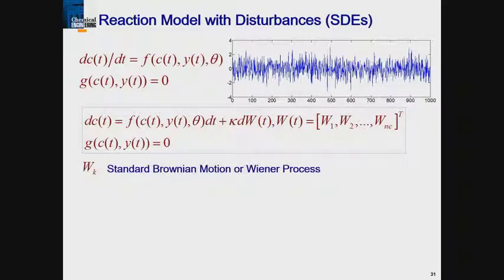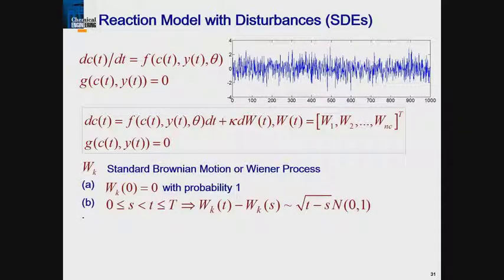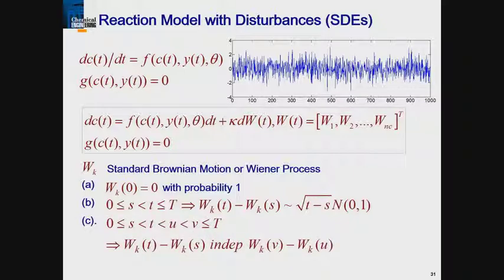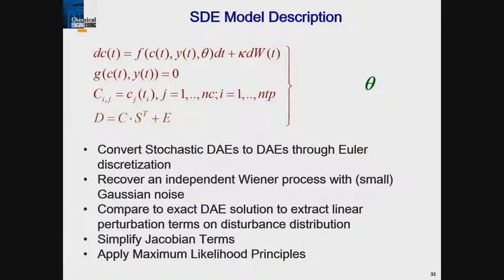The model itself, you can think of as the reactor model with a Wiener process, okay, or Brownian motion, okay? And so it's really a stochastic differential equation, okay? Now, if you assume certain characteristics about the Brownian motion, that you have essentially a really good initial estimate that is zero, and that you have independence in time, so that they're not correlated in time, then you can make some assumptions with that model description, especially if you assume that those noises are small and Gaussian.